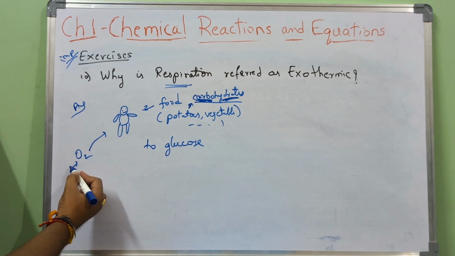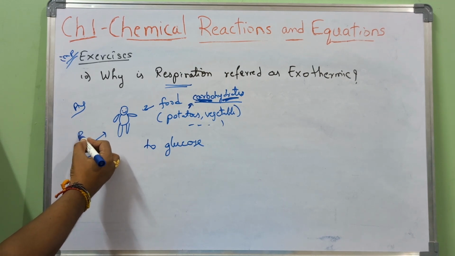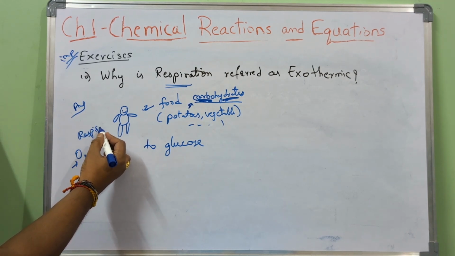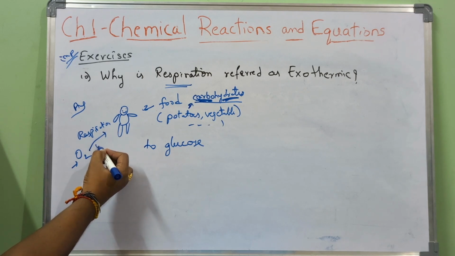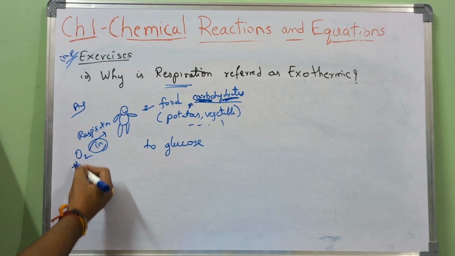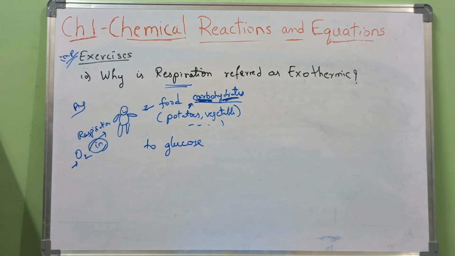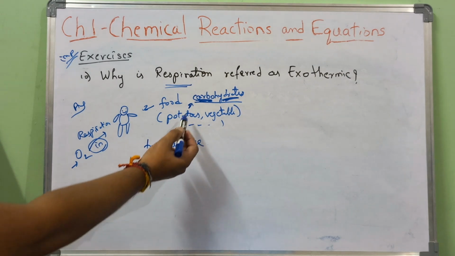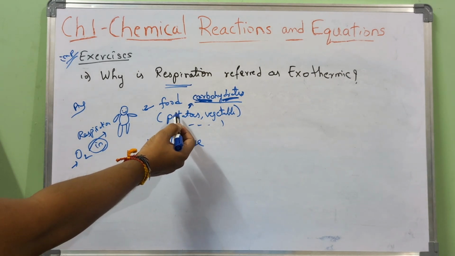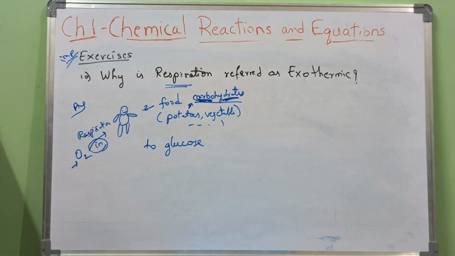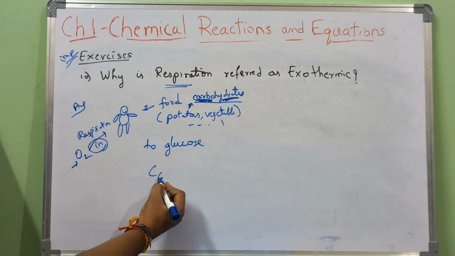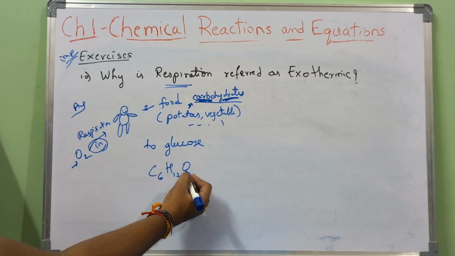So with respect to respiration, what is getting into our body? We are taking the help of oxygen. The carbohydrates present in the body, using the digestive system, are converted into glucose. The glucose form is nothing but C6H12O6.